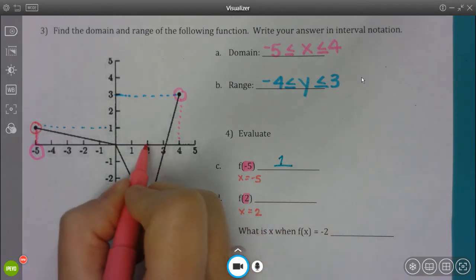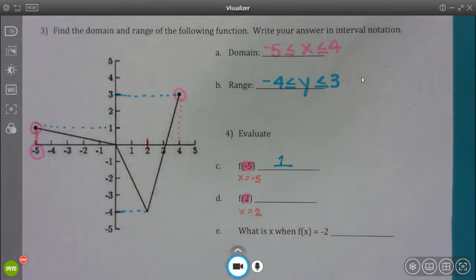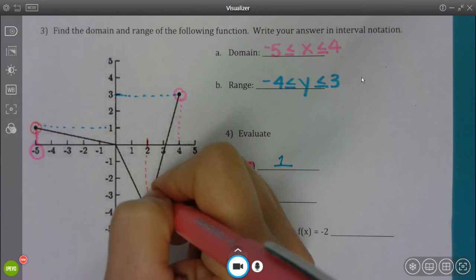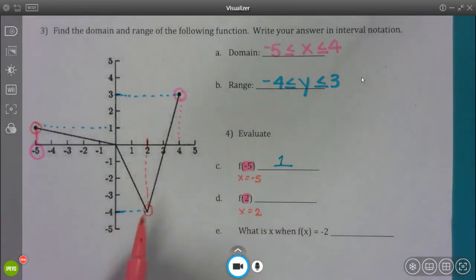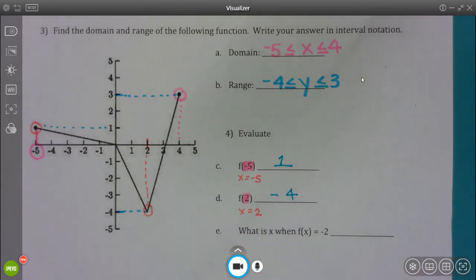When I'm at x equals 2, I'm right here. I need to, in this case, travel down to get to the point of our function right here, where my y value is -4, and we already had that point circled because that was our absolute minimum.